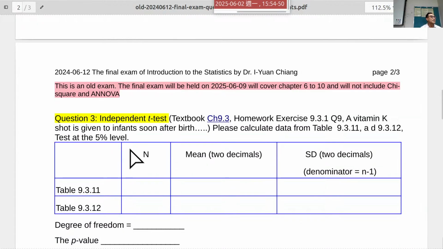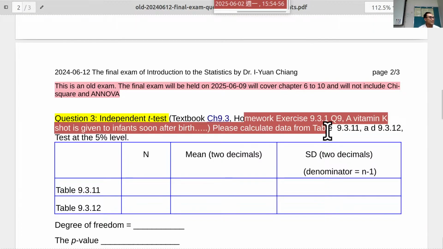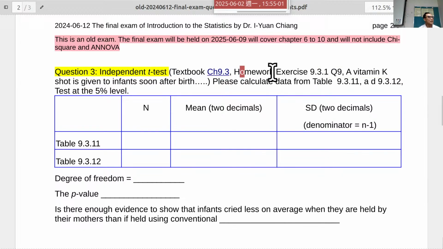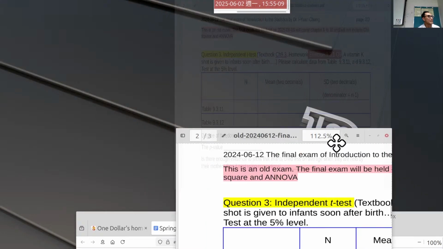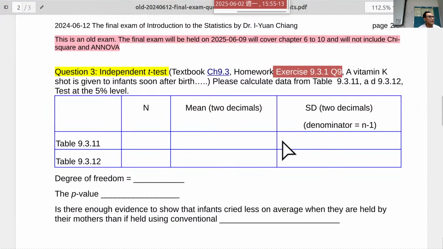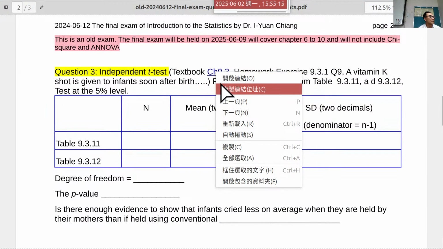Question number 3, independent t-test, textbook 9.3 here. Please use the data from homework exercise 9.3.1, question 9. You can go to the textbook here, for example, 9.3. Click here.